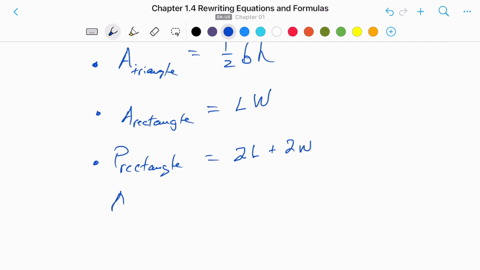Area of a circle equals pi r squared. And you got the circumference of a circle, and that equals 2 pi r.